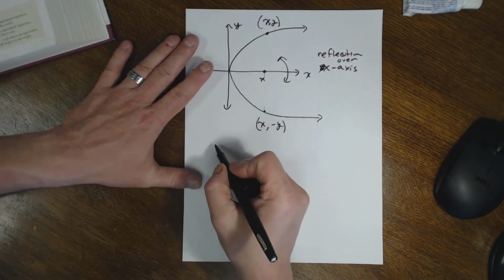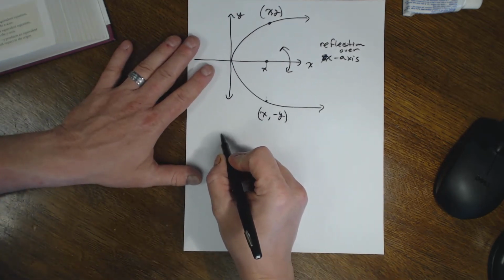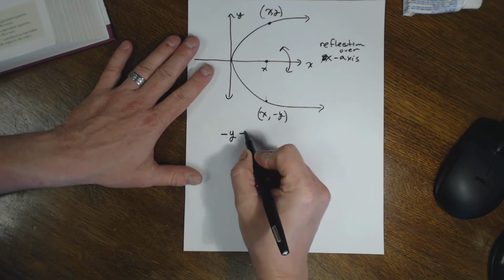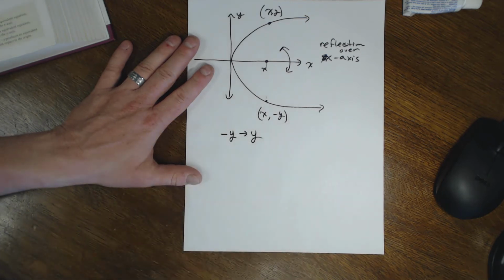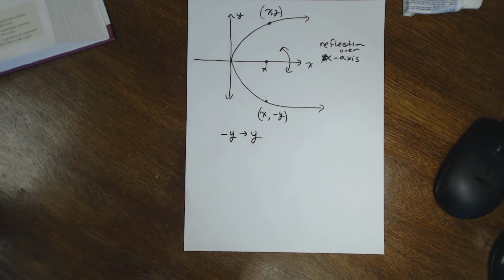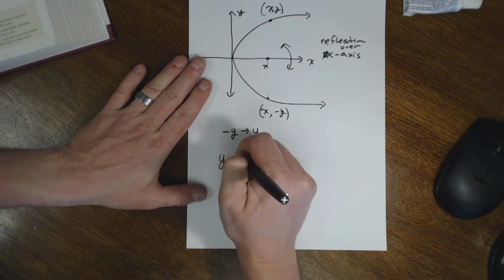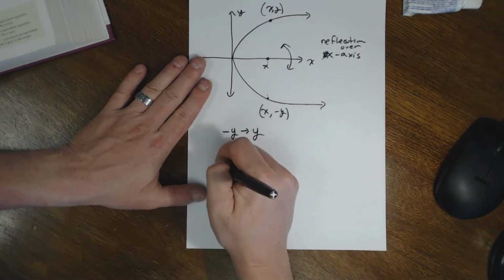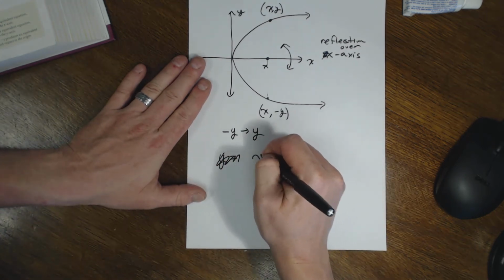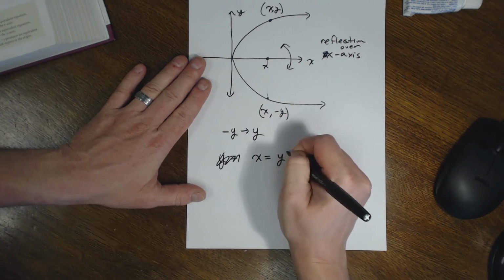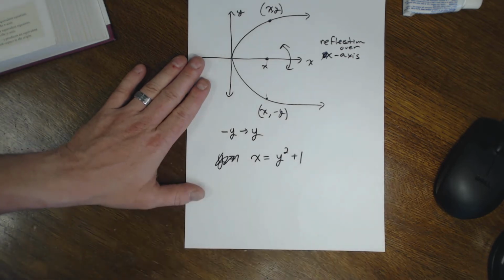To test for this, I'm going to take minus y and put it in for y into the equation that I have. So, for example, let's try a better one, x is equal to y squared plus 1.